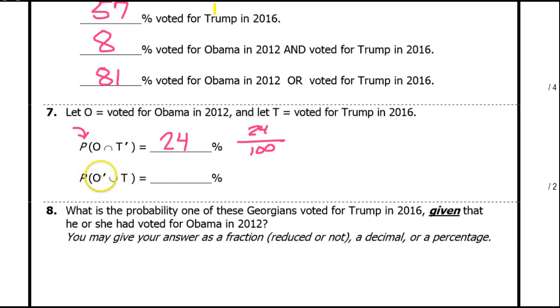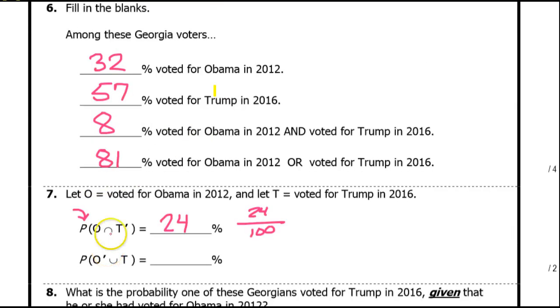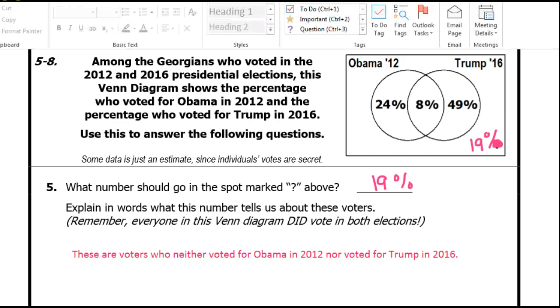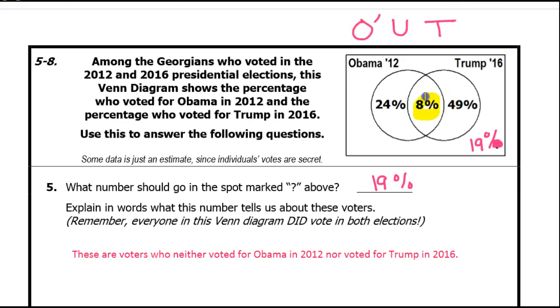So this next one means not Obama or Trump. Remember, or is more. When you do an or problem, you just continually add on. So not Obama would be this number and this number and this number. Okay, wait, I messed that up.